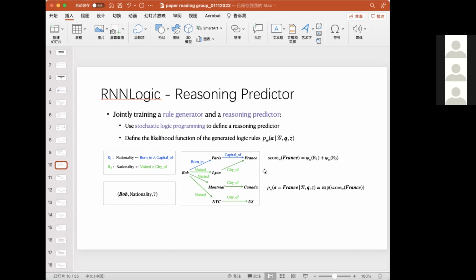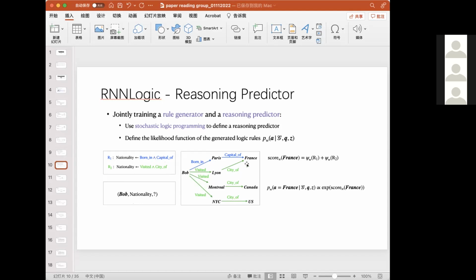The idea of the reasoning predictor is to plug the generated rules back into this knowledge graph, and we obtain some grounding of the rules by grounding the entity Bob into the logical rule.